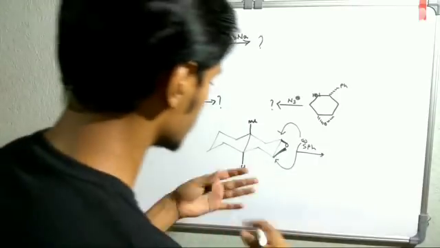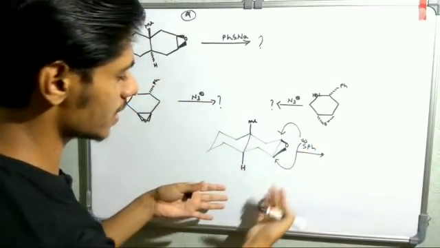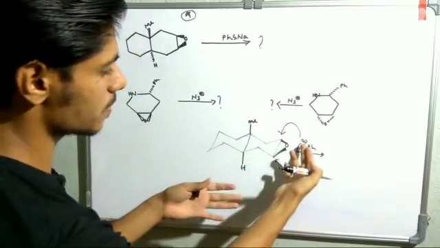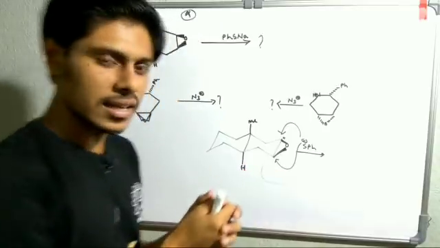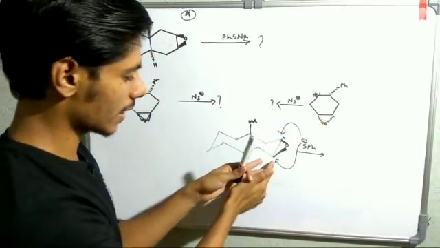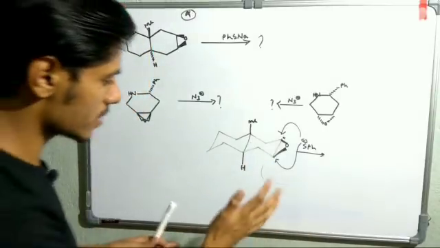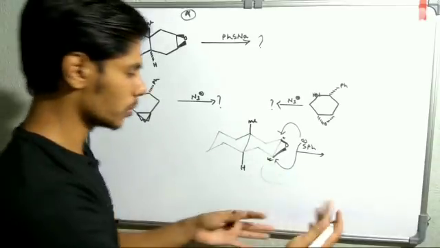So now let's see what the products are if this SPh attacks from this side, or if this SPh attacks from the other side. Okay, so in this trans-decalin system, either your SPh can attack on this particular carbon or it can attack on this particular carbon. So let us first see, when the attack is taking place on this particular carbon atom, what will be the product.